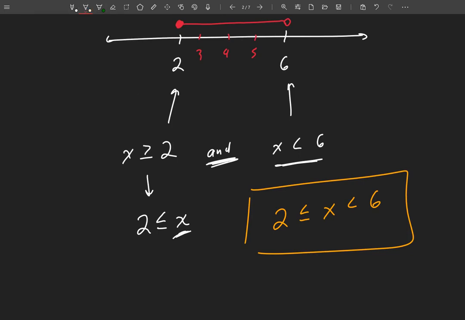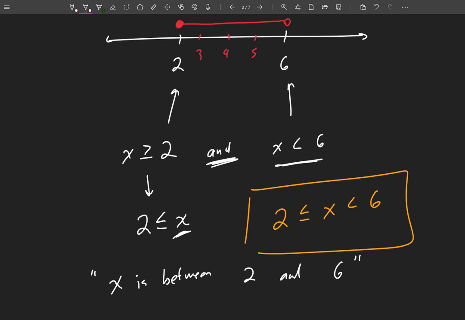This means x is between 2 and 6. And then, of course, including 2, but not including 6. And you can add that in the English. But every time you see something like this, I want you to think about the statement, x is between 2 and 6, because that's what that means. It's just somewhere between there.